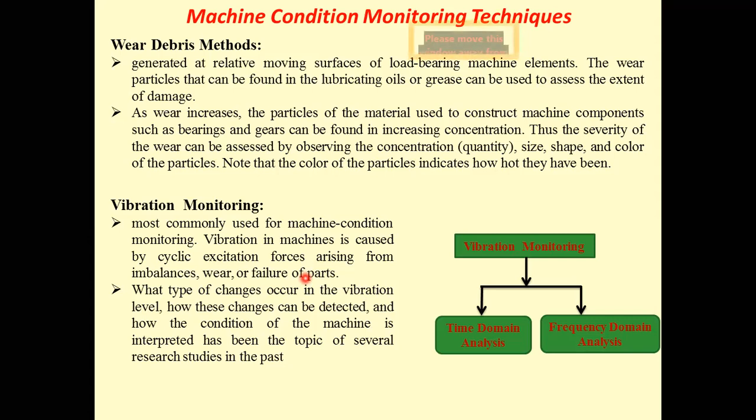What type of changes can occur in vibration level, how these changes can be detected, and how the condition of a machine is interpreted has been a topic of several research studies. So there is various research going on in this vibration monitoring technique, that is, what type of changes can occur in vibration level, how these changes can be detected, and how the condition of the machine can be interpreted before breakdown of the system or machine, that is preventive maintenance.